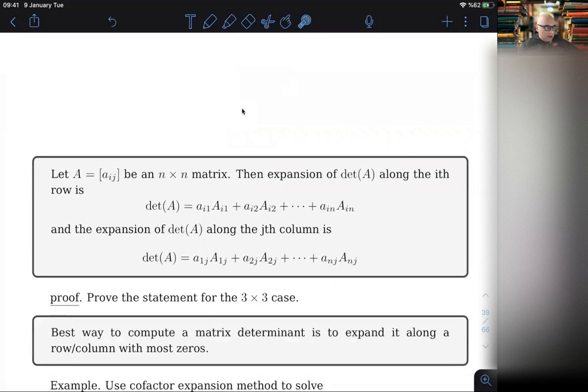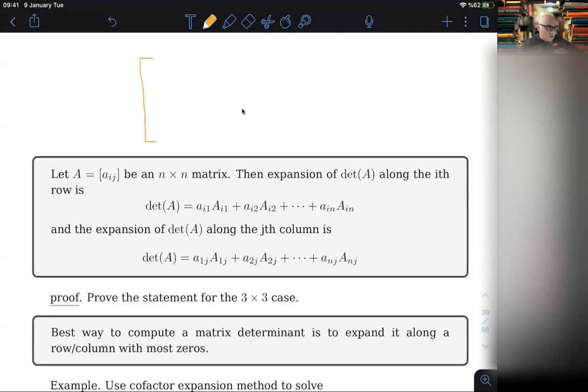So here we're seeing the relation between these cofactors and the determinant. To find the determinant of a matrix, what we do is we take any row, for example row i, and take the first element in row i. Let me do it.